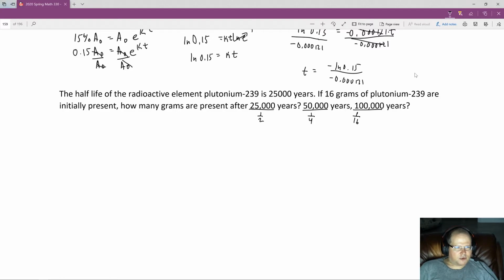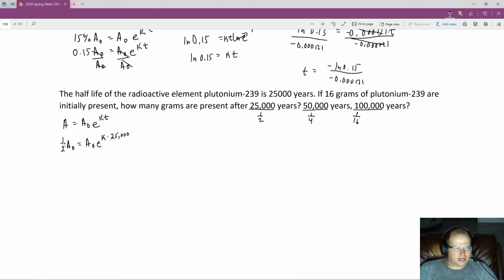If you wanted to come up with your own equation, you would say A is equal to A initial times e to the kt power. Dealing with a half-life, we would have half of A initial equal to A initial, the initial amount, times e to the kt, and t in this case we actually know to be 25,000.